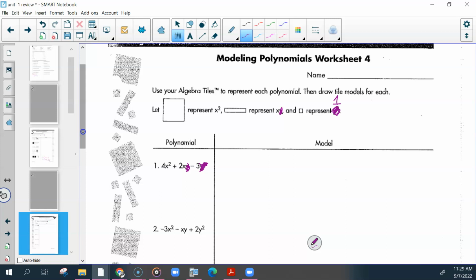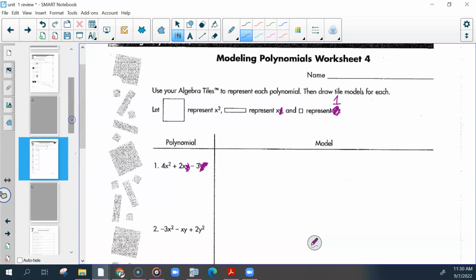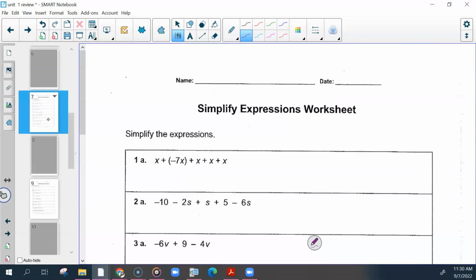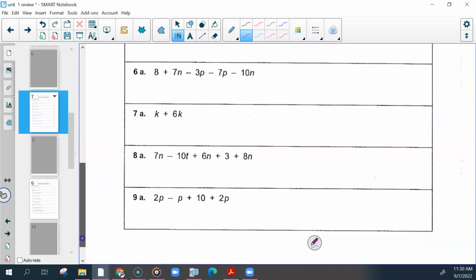Do you have any questions on this page you want to see or go over? If not, move on to the next page. Questions on that page that we want to see or go over?